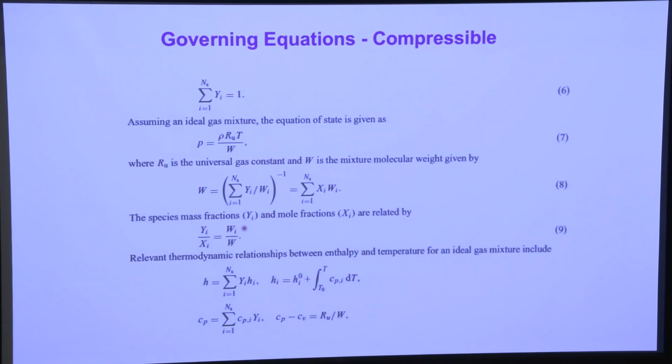And then we can relate the mass fraction Y sub I to the mole fractions through the ratio of the species molecular weights to the mixture molecular weight. A couple other relevant thermodynamic quantities are listed here between enthalpy and temperature. So the sum of the species enthalpies multiplied by the mass fraction of that species gives you the total enthalpy.